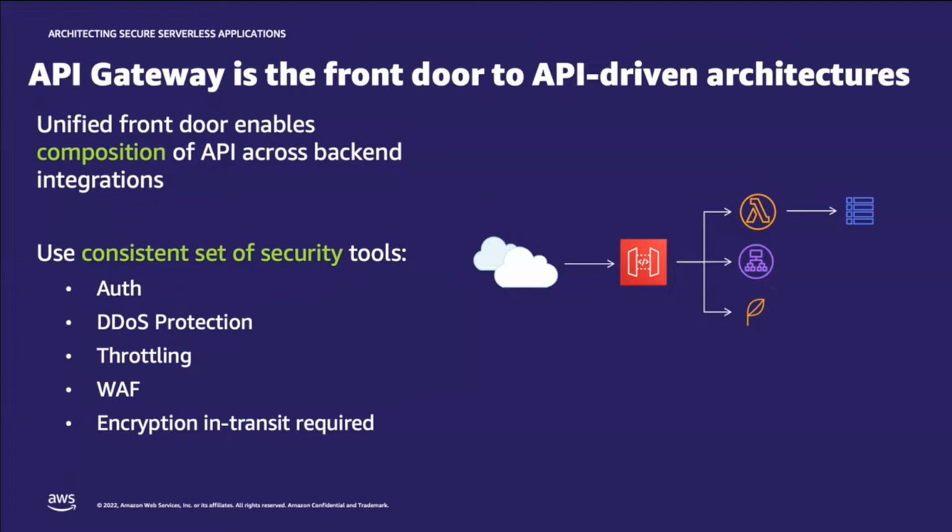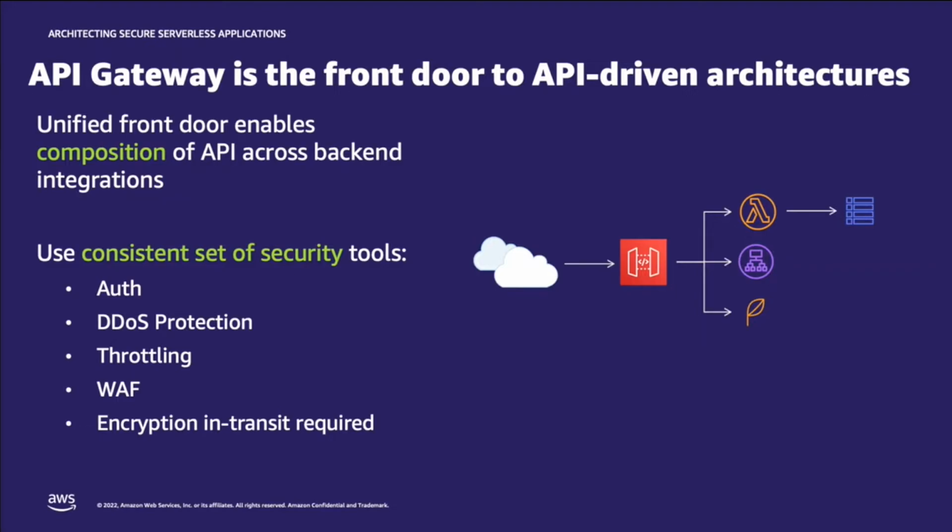You may integrate with a web application firewall, implement encryption in transit as required, and also implement multiple and different ways to authenticate using OAuth, or eventually if you need to integrate a third-party identity provider.